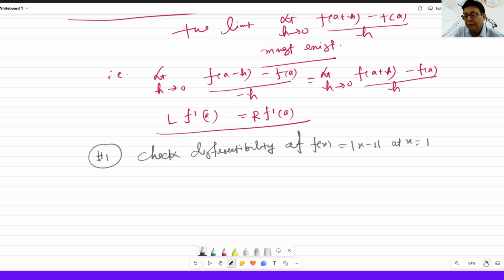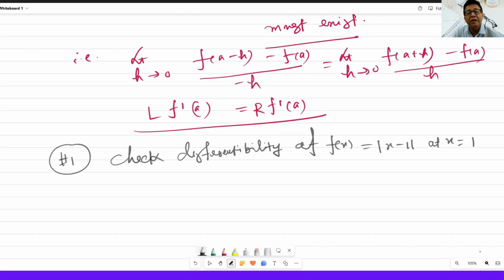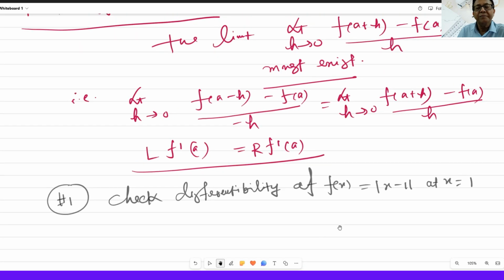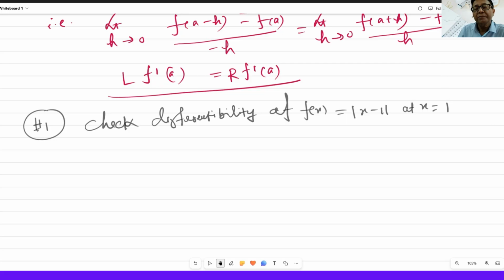It's an NCERT type of problem I am asking. Many sums are not given in the NCERT book, this one only is given. Check differentiability of this function at x equal to 1. So we'll be checking left hand limit and right hand limit.